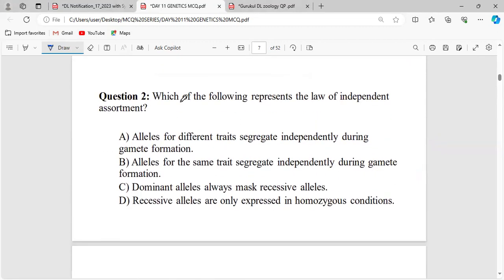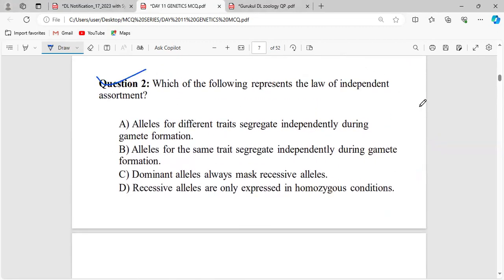Now, which of the following represents the law of independent assortment?